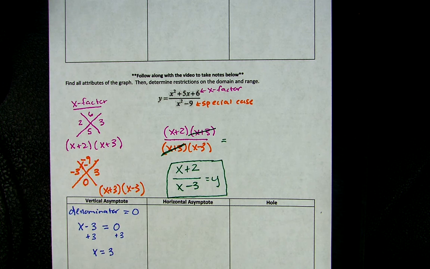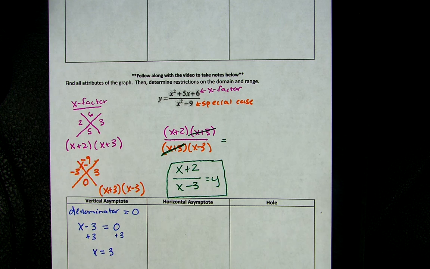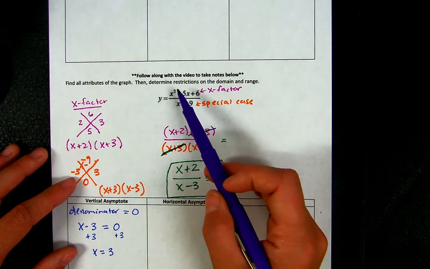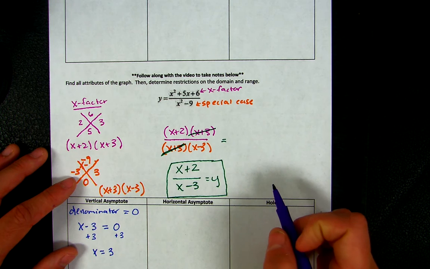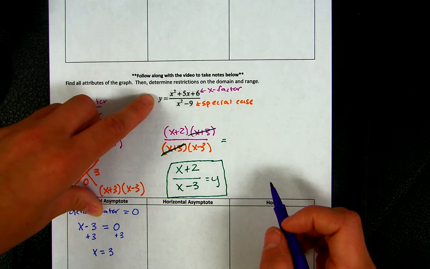The second attribute of my graph that's going to help me find my domain and range is my horizontal asymptote, and this one's a little confusing because there's a couple rules that go with it that have to do with the highest exponent in the top and bottom of the fraction. Okay, so you can look at your simplified function or your original function for this one.